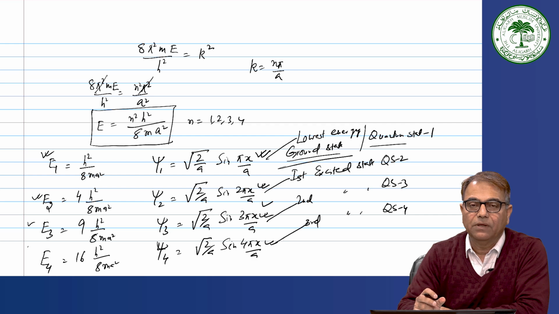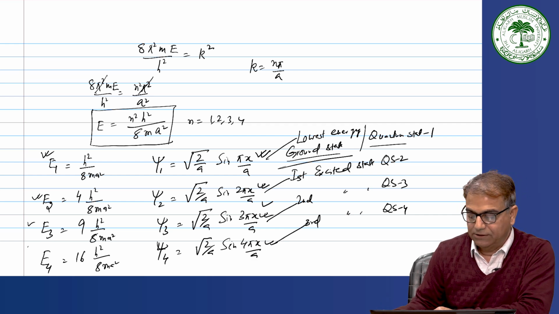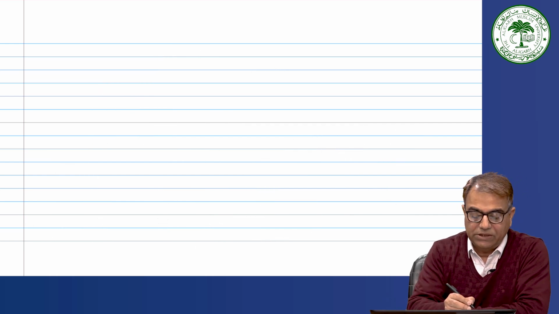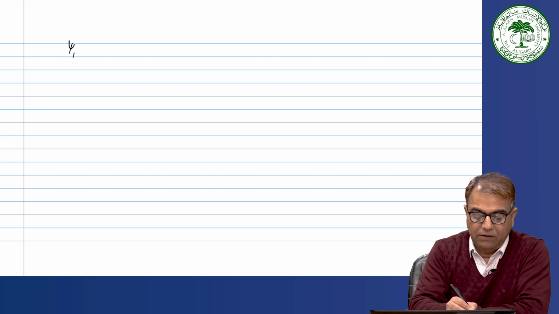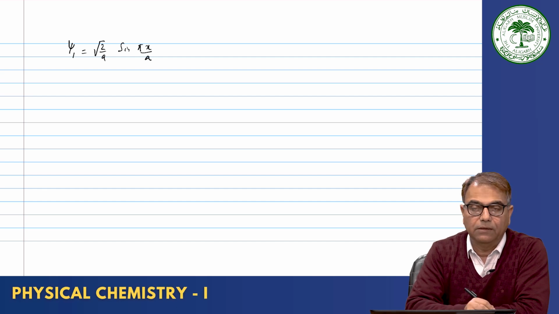Let us see what will be the shape of the wave functions if you want to draw. Start with the ground state wave function. The ground state wave function is ψ1 and the normalized wave function is root 2 by a sin πx upon a.